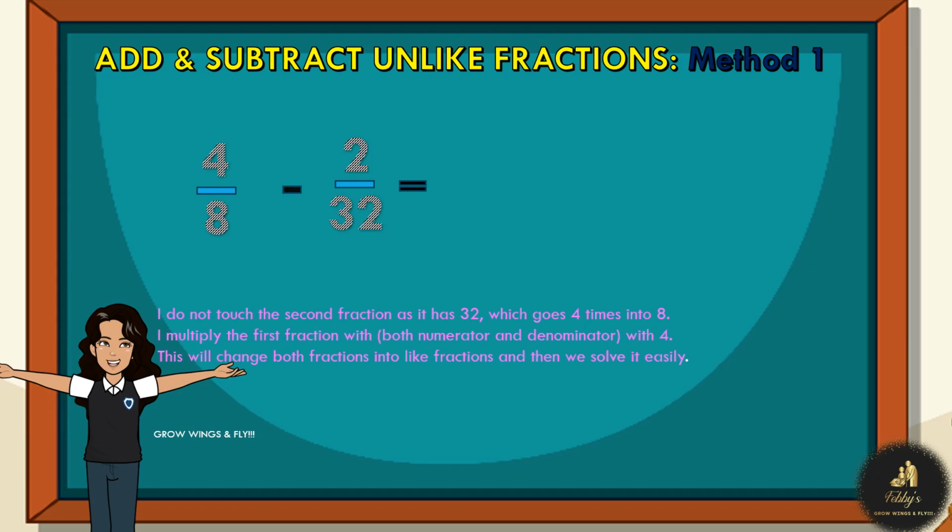So I first multiply the fraction 4 over 8 with 4 in the numerator and 4 in the denominator, because whatever I multiply in the denominator, I have to multiply the same number in the numerator. So I end up getting 16 over 32 take away 2 over 32. Which gives me 14 over 32.